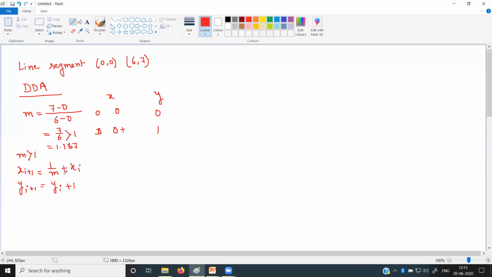If you compute 1 by m, you have to compute 6 by 7, which is nothing but 0.857. Is it clear? Because we have to compute 1 by m. If m is 7 by 6, then 1 by m will be 6 by 7, so it will be 0.857.